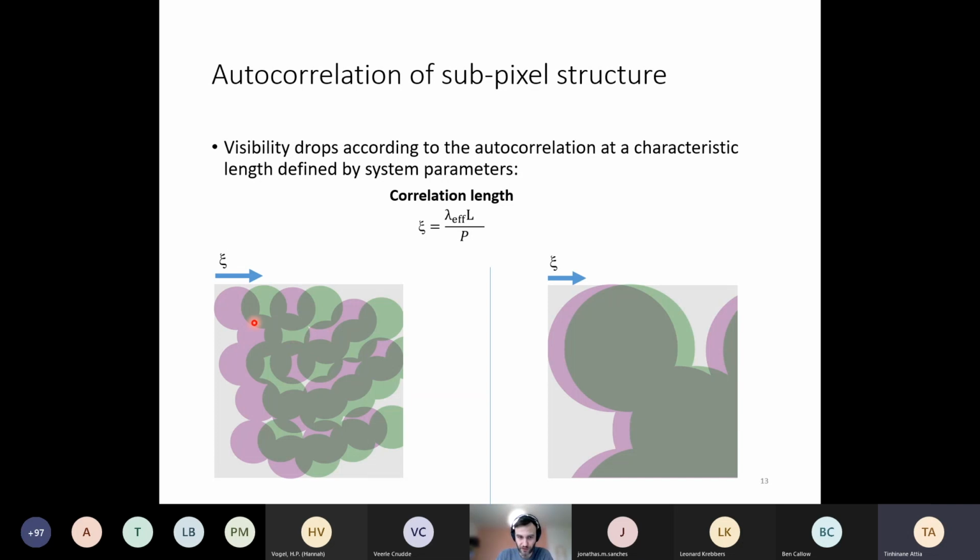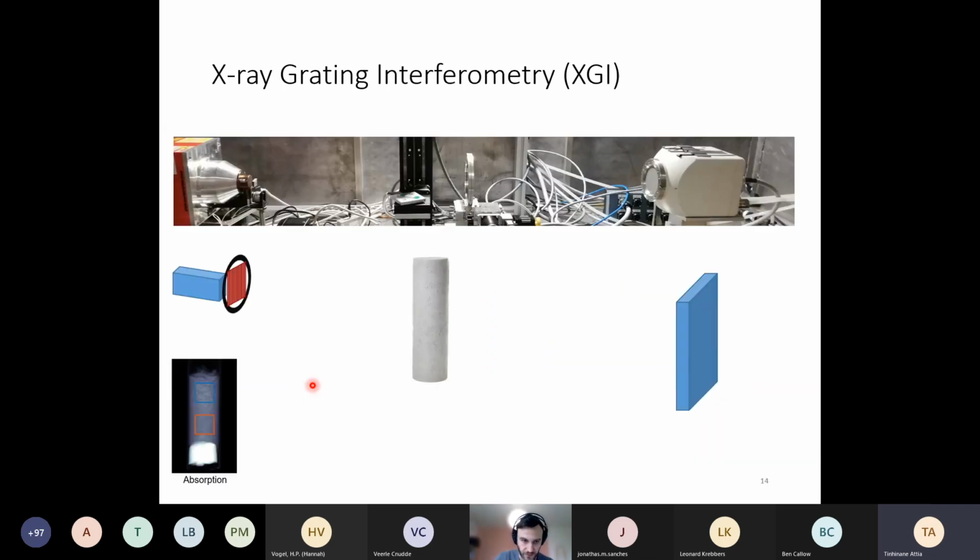You will see a lot of color. So everything here that's either purple or green means a mismatch between the shifted version and the signal itself, and here as well. And so you will see that the autocorrelation is different when you shift it more than the characteristic size of an object. And that determines how much of the visibility of your dark field signal is lost when you do this.